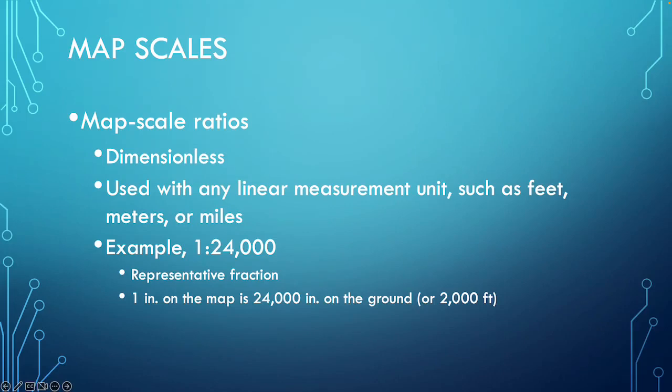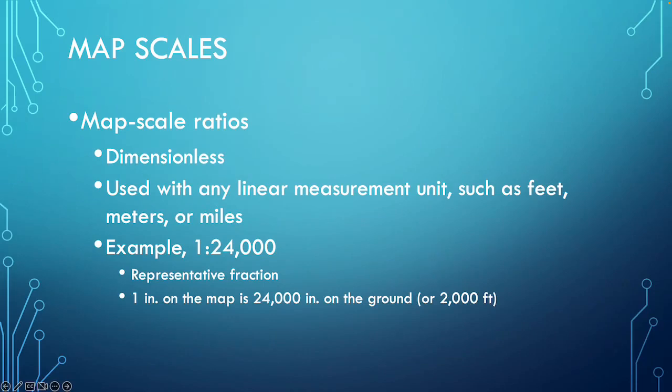Now, the most basic type of scale, and one of which you will see in ArcGIS, is a ratio scale that is essentially dimensionless, right? Because it can be any units, and it's usually written like a colon like this, so a slightly different kind of fraction. So 1 to 24,000.